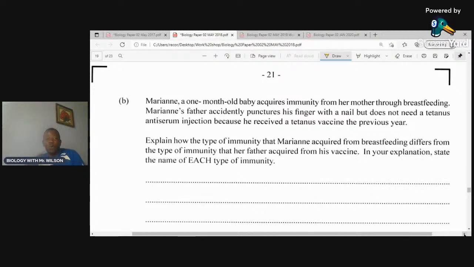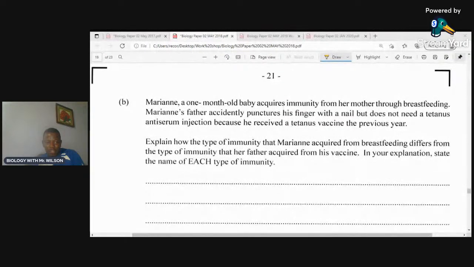Explain how the type of immunity that Marianne acquired from breastfeeding differs from the type of immunity that her father acquired from his vaccine. In your explanation, state the name of each type of immunity. So the first thing we want to look at here is the type of immunity, and then you can give your explanation. So let me see what you have there.